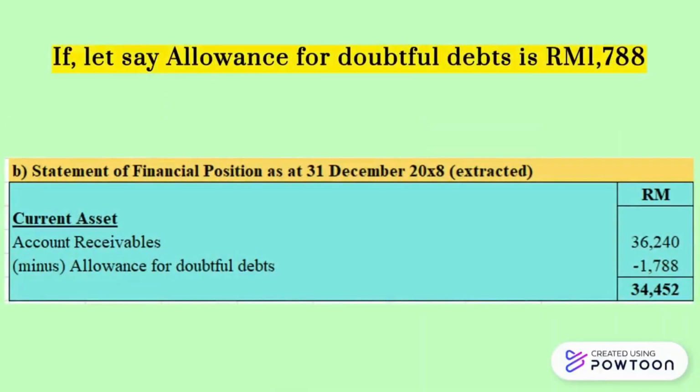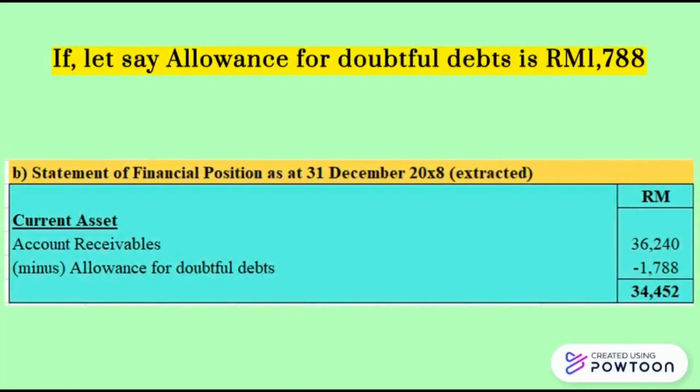Meanwhile, in the statement of financial position, we have to subtract the newly calculated provision, 1,788 ringgit, from accounts receivable to get the net amount of accounts receivable, which is 34,452 ringgit.